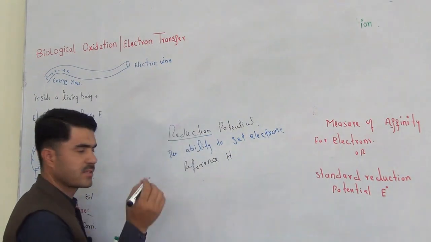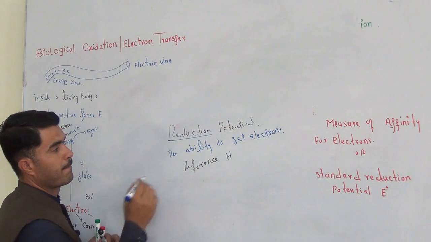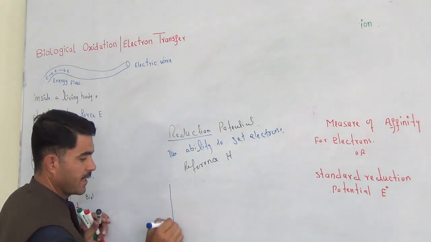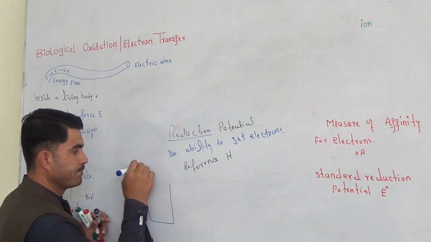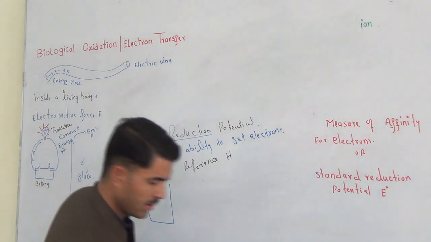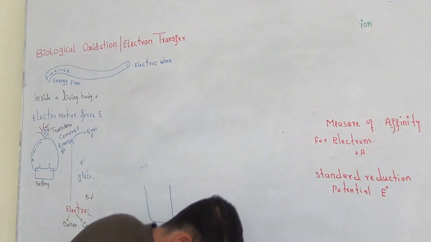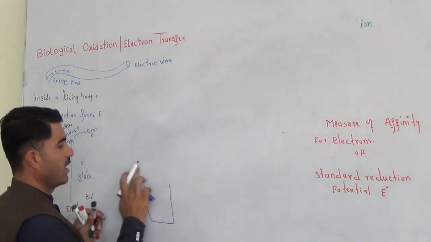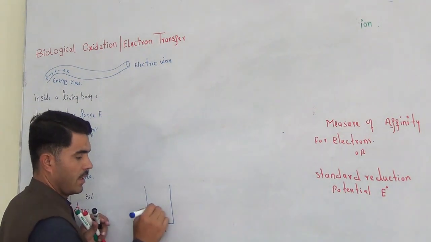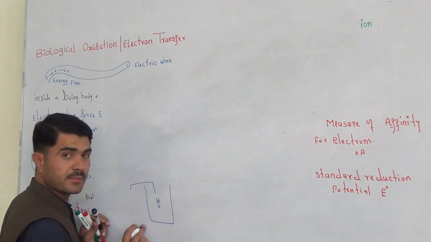You must have heard this word half cell. Here we have one half cell. Oh my god, I think we have less space here. There is a half cell and we provide hydrogen here, right?